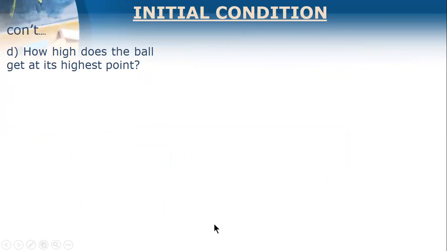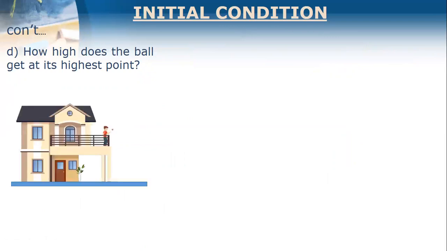Letter D. How high does the ball get at its highest point? So, how much is the maximum height reached? If this ball is thrown upward, what will be the value of h?